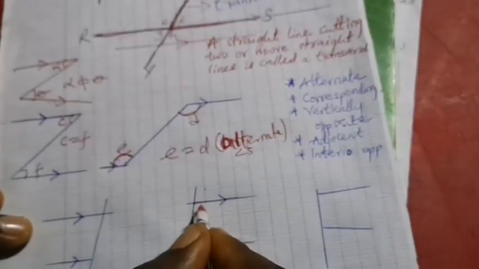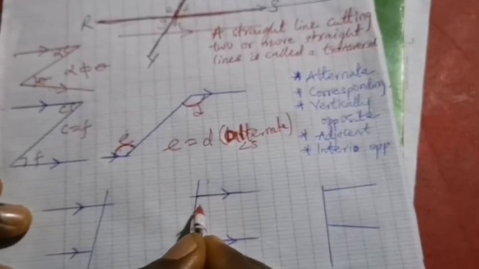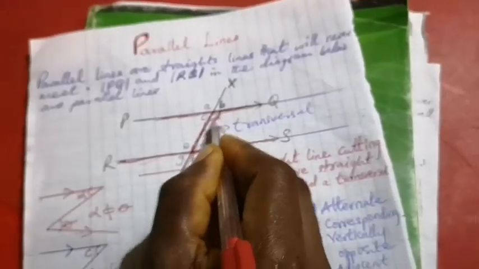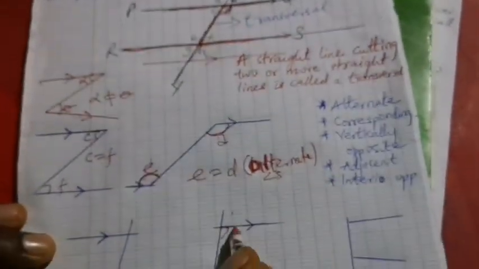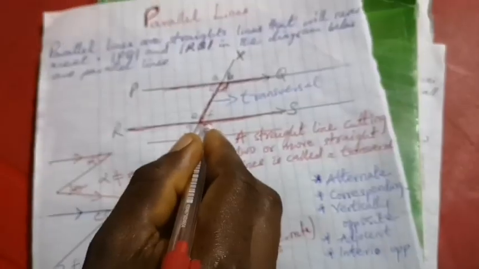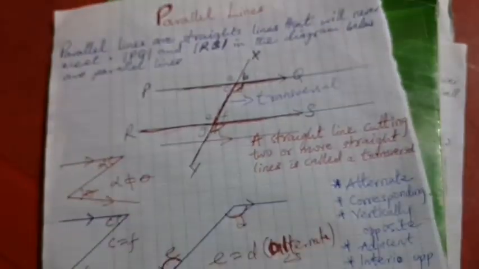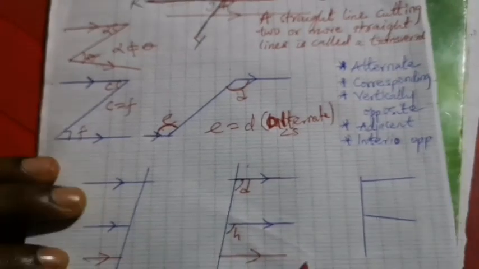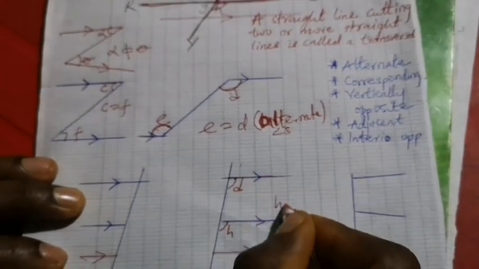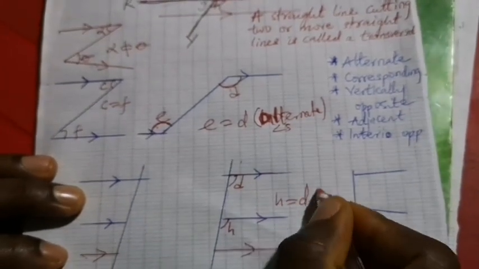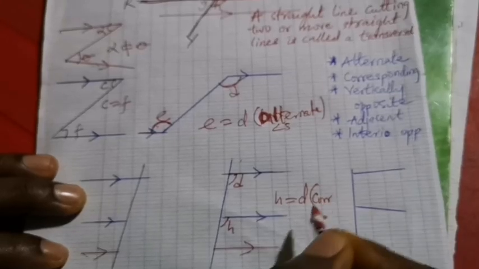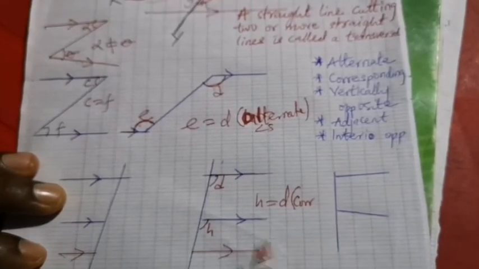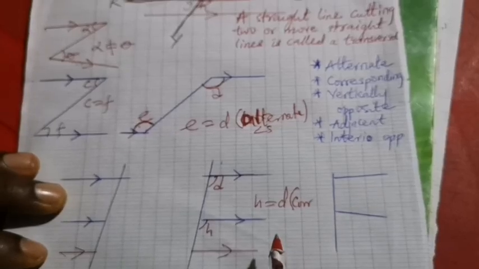So all the angles formed there are corresponding angles. So in this place we have D. In this place we have H. So that means that H is equal to D, and the reason is corresponding angles. Yes, they are equal to each other, and the reason is corresponding angles.